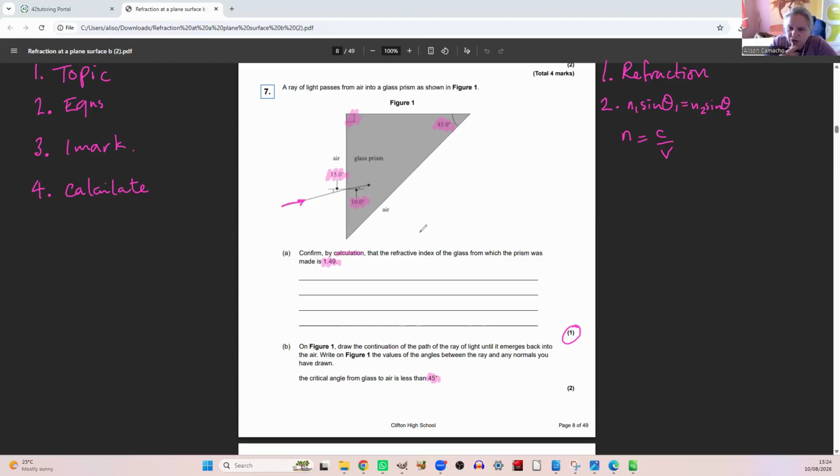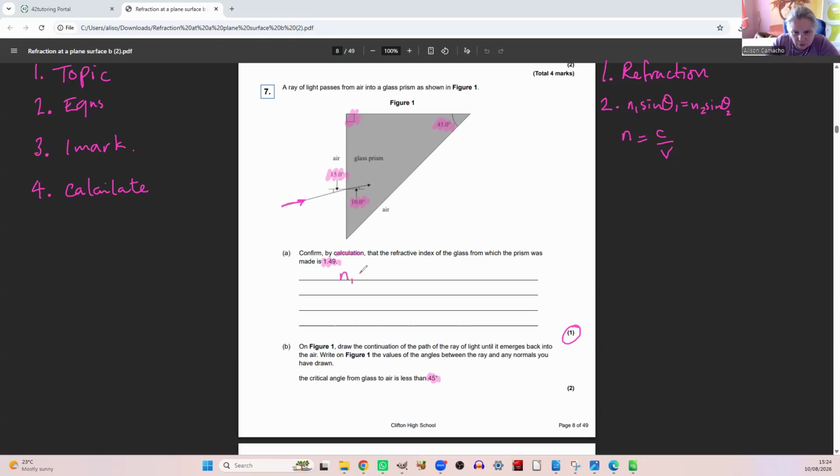So which equation are we going to use for this calculation question? Can you pop into the chat which equation we're going to use? There's only 2. Yep, we're going to use the n1 sine theta 1 one.